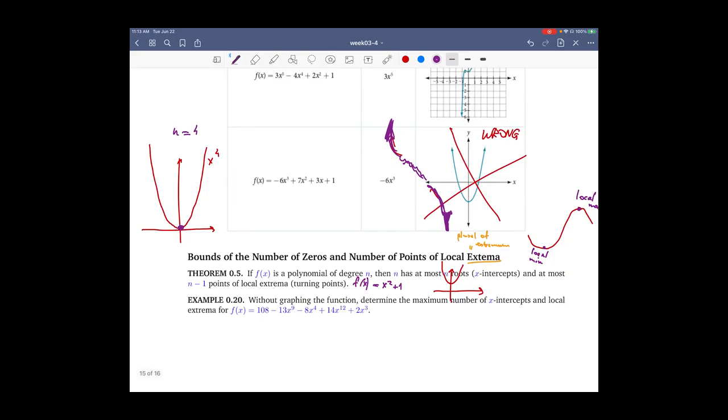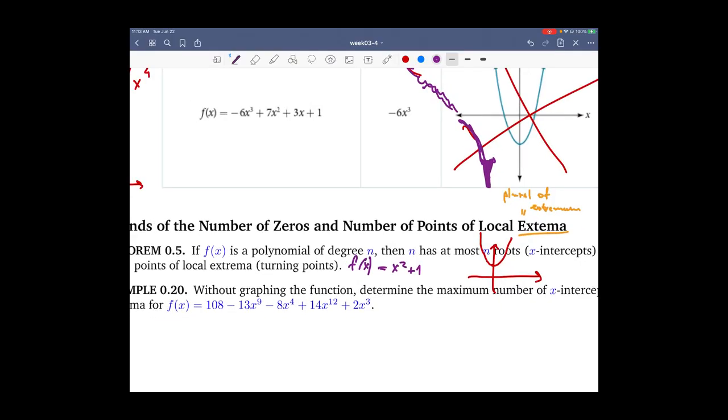All right, now in example 20, without graphing the function, determine the maximum number of x-intercepts and local extrema. Note that this is a polynomial of degree 12. This is the largest power.